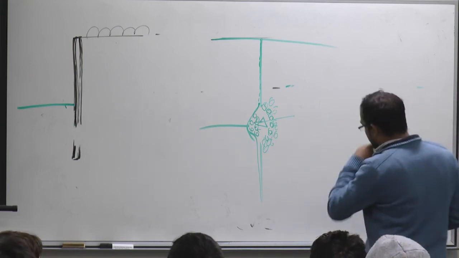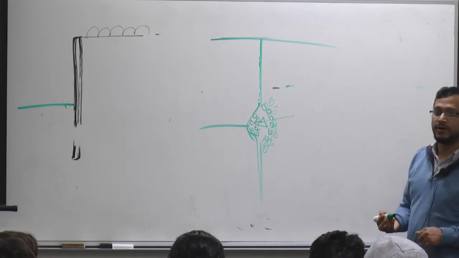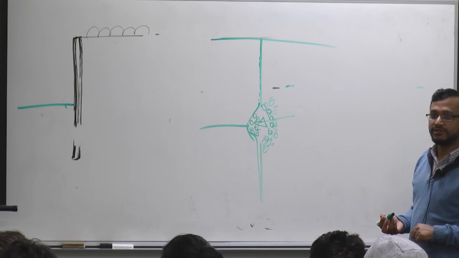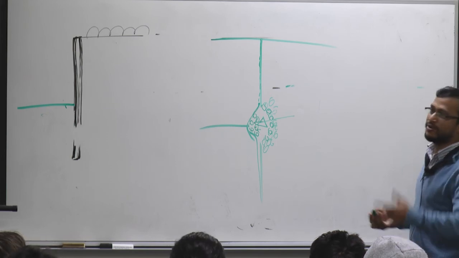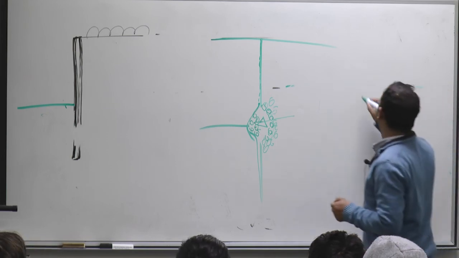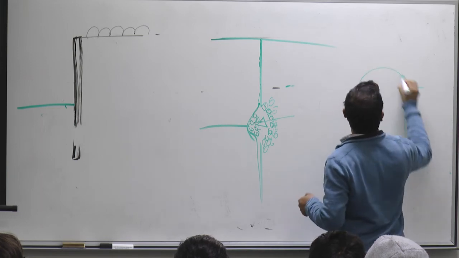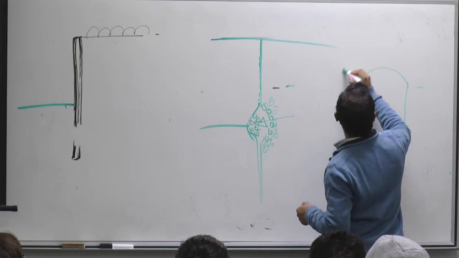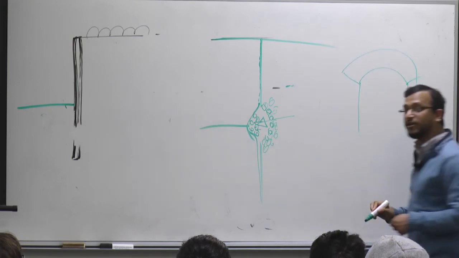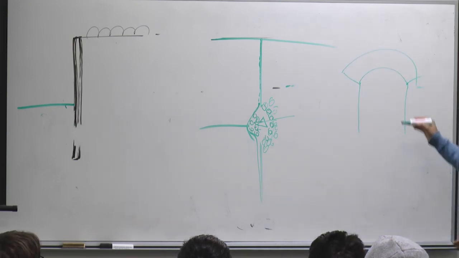Do you know arching, structural arch? If you go to very old buildings, you will see in the opening of a window or door, they have a kind of arch. What does it mean? You do not need to put any reinforcement in this kind of structure.